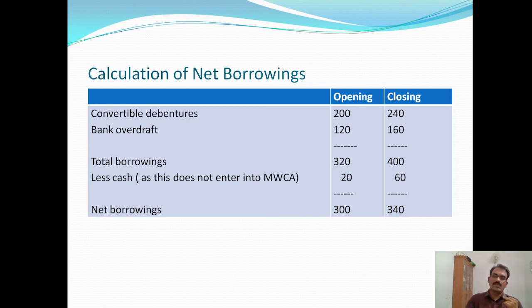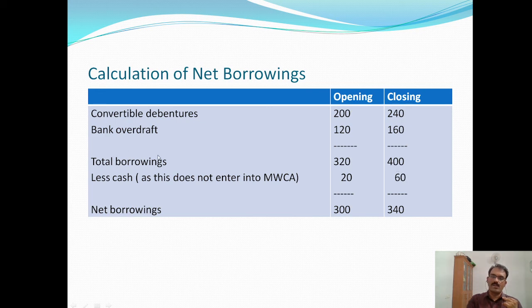Okay. So here convertible debentures opening 200 and closing 240. And bank overdraft also given, 120 and 160. Then take the total: 200 plus 120 is equal to 320, and closing 240 plus 160 is 400.